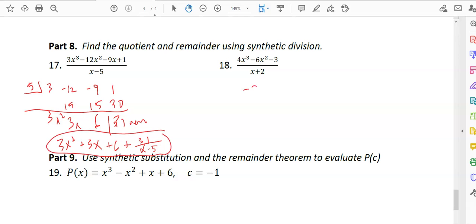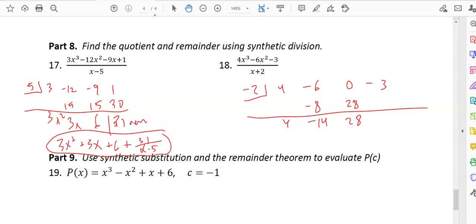Here we're going to put negative 2 in the box. 4, negative 6, 0, negative 3. Don't forget about that 0. Negative 8. Ooh, this doesn't work out well, does it? Negative 14. Positive 28. 28 times negative 2 is negative 56.